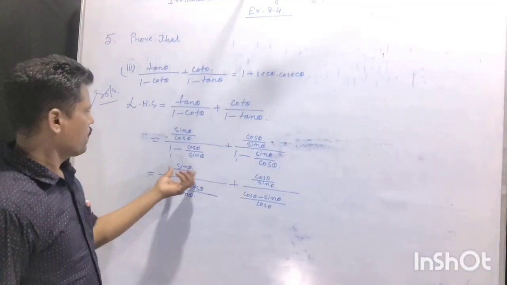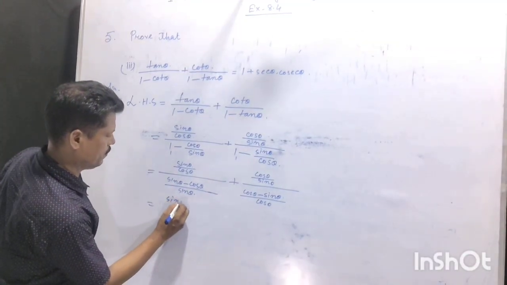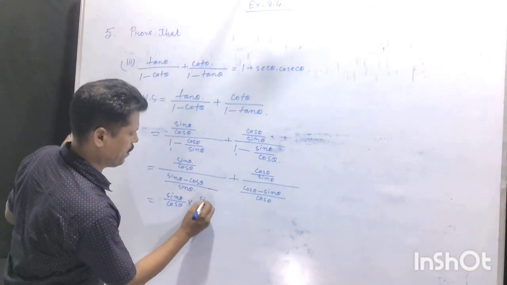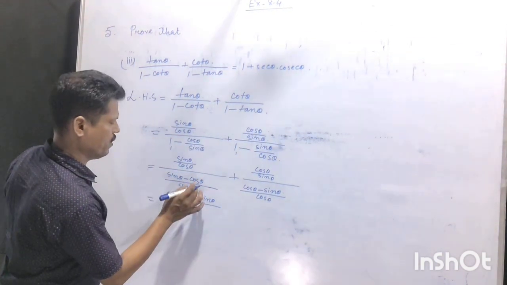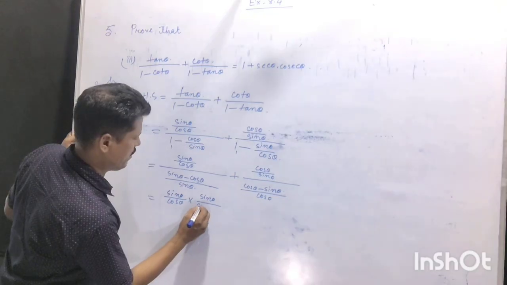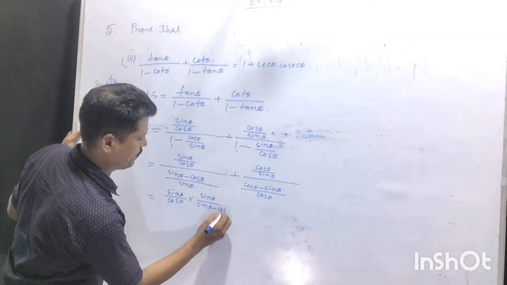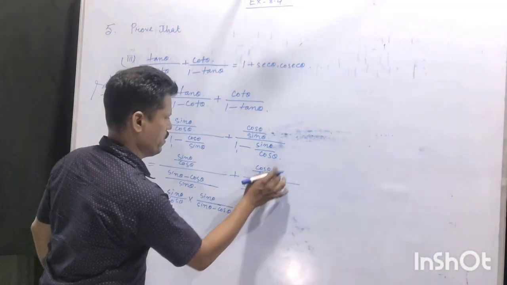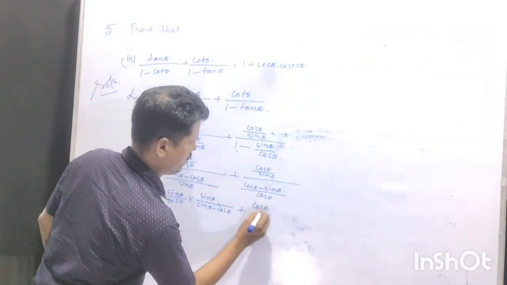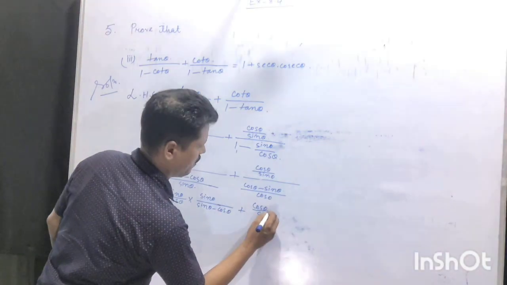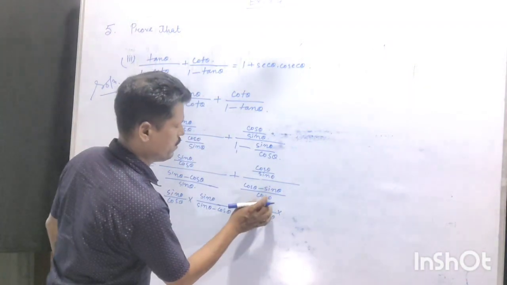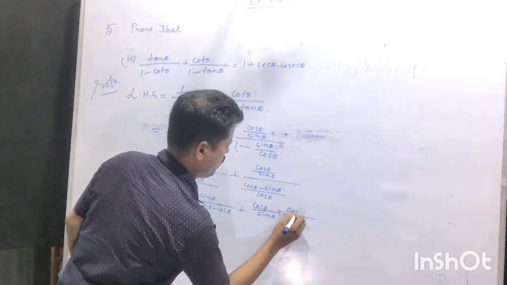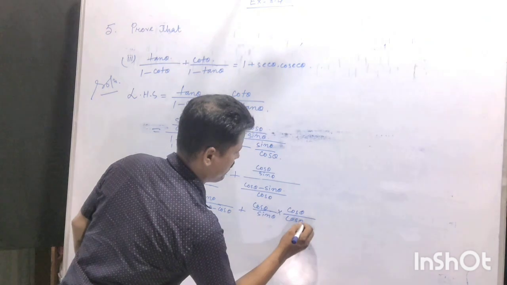So sin theta by cos theta into sin theta by (sin theta minus cos theta), and plus cos theta by sin theta into cos theta by (cos theta minus sin theta).